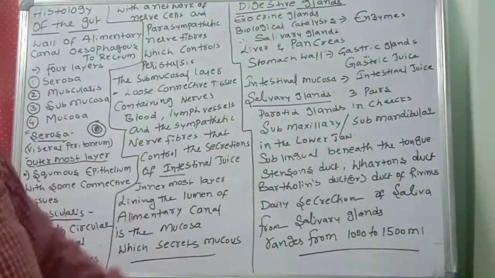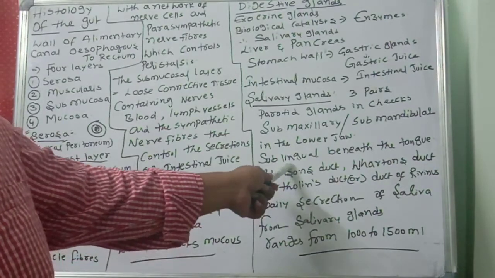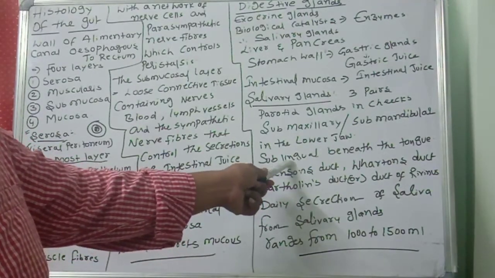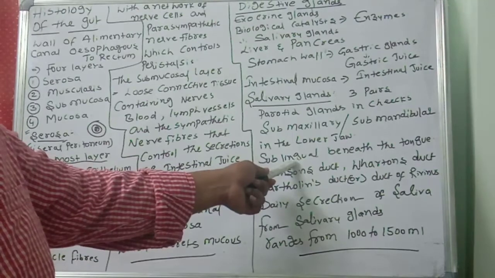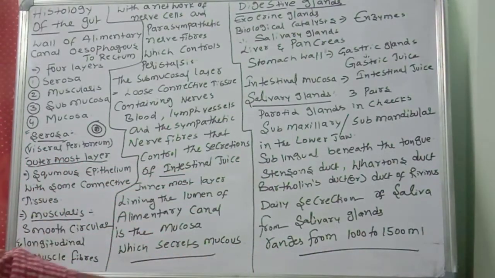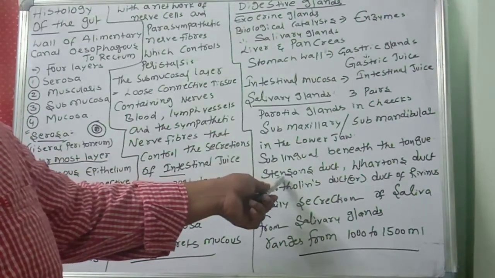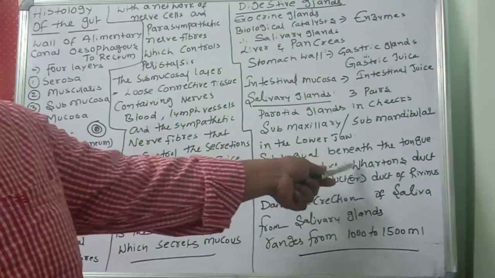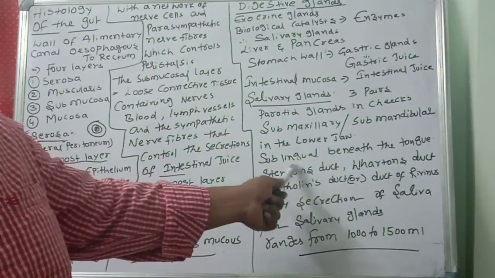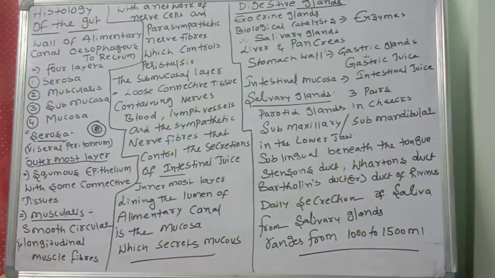These are connected to salivary glands, and the secretions of the salivary glands, the saliva, enter the oral cavity by these ducts only. Parotid gland is related to Stenson's duct, submaxillary to Wharton's duct, sublingual to Bartholin's duct or duct of Rivinus. Like that, 3 very important ducts, compulsory, very useful for all of us.